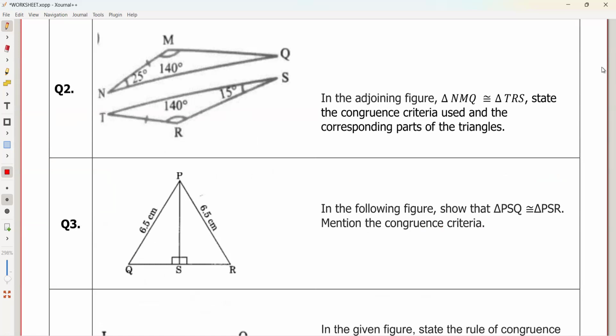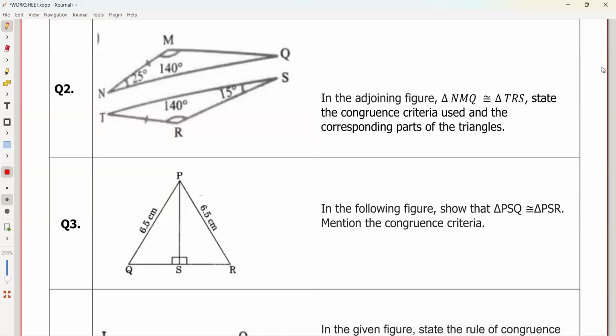In the adjoining figure, triangle NMQ is congruent to triangle TRS. State the congruence criteria used and the corresponding parts of the triangles.